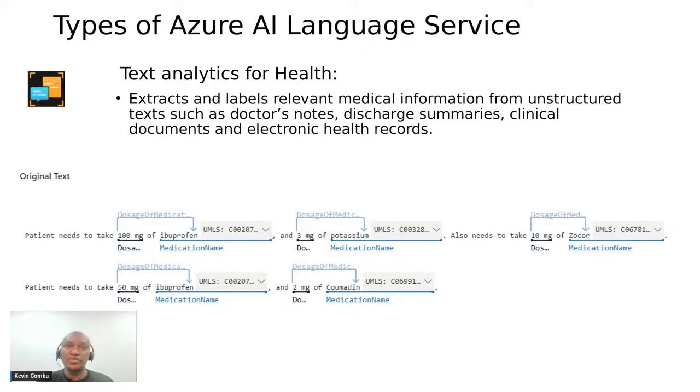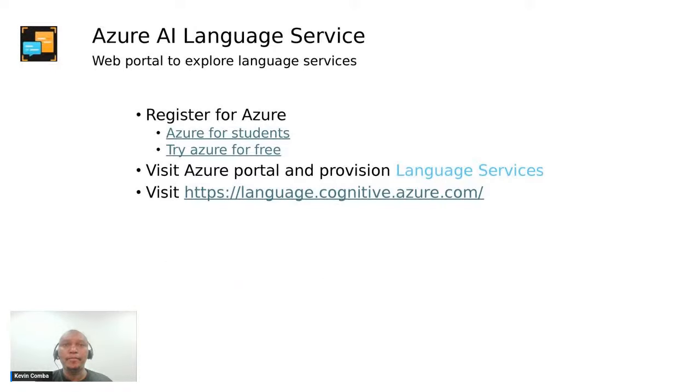This is crucial if you are a software developer creating a health system and you want to integrate intelligent functionalities which can extract something like this and even give more information about it.